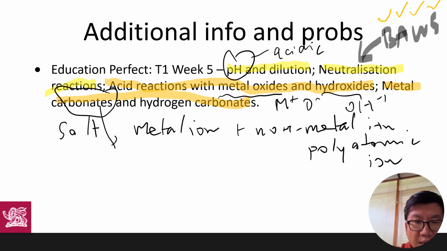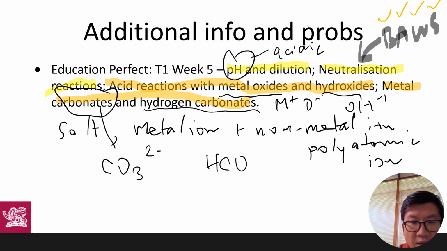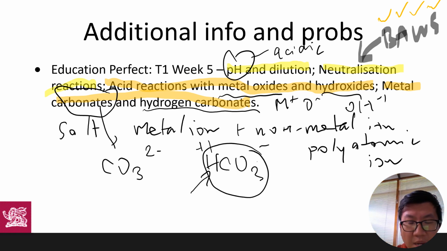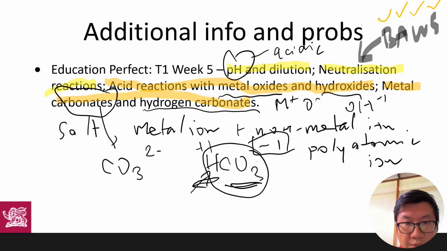Metal carbonates, so carbonates being the polyatomic ion CO3 with a -2 charge, or hydrogen carbonates, which have HCO3, which has a -1 charge. That is because the hydrogen ion has a +1 charge. So overall, a hydrogen carbonate ion has an overall charge of -1, because carbonate is -2 and hydrogen ion is +1.